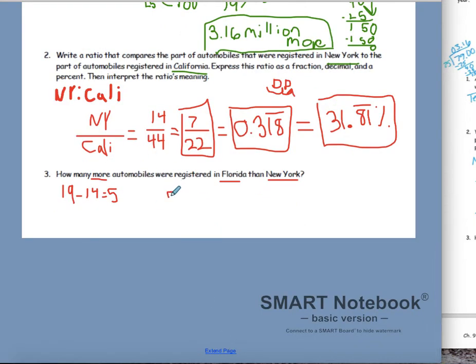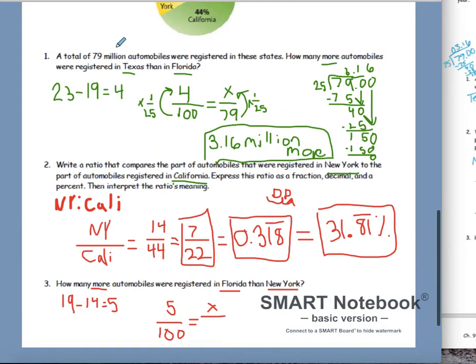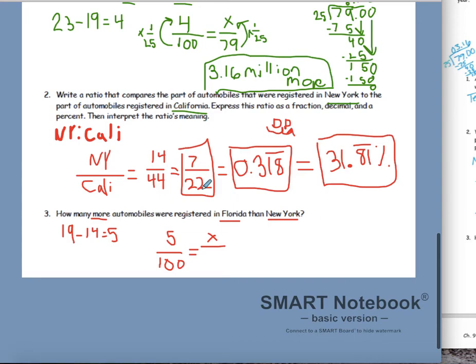So now we can set up our proportion, 5% over 100 equals our part over our whole, which is still going to be that 79 million that they talked about in number 1. So 79.